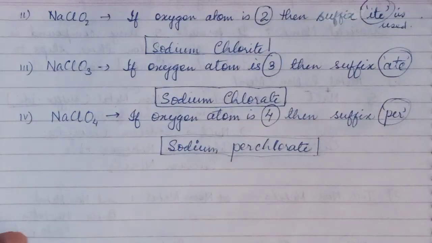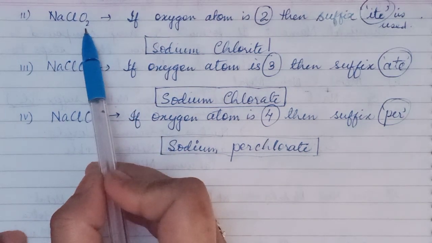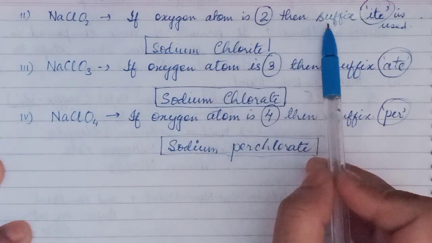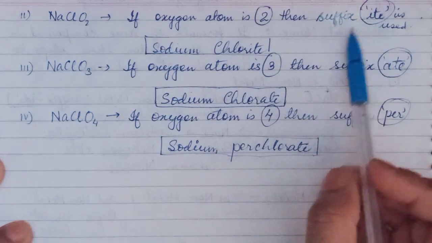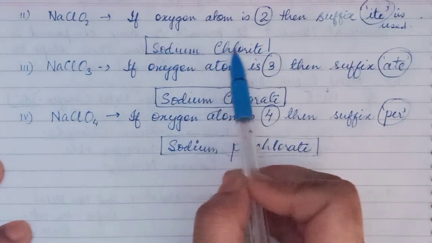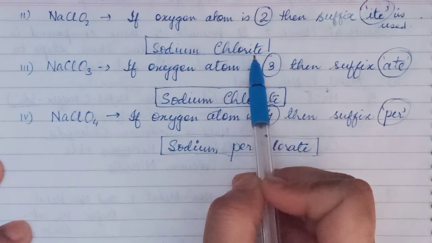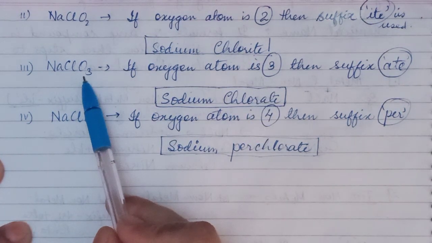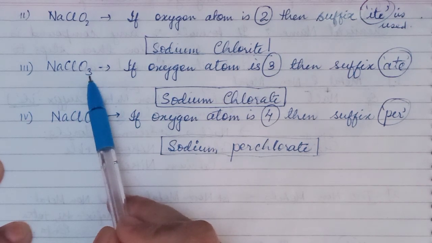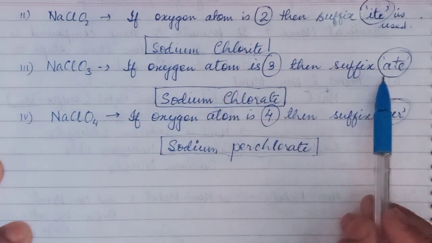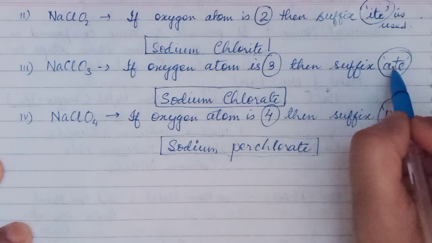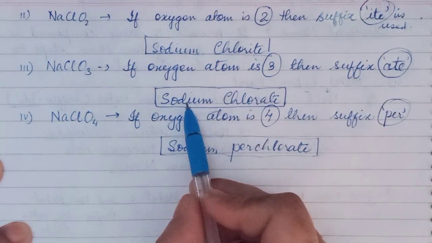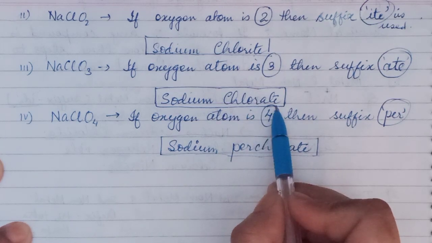Clear? Now children, see here, if the number of oxygen atoms is 2, then you will use the suffix ITE, so here it will be sodium chlorite. If the oxygen atoms are 3, then you will use the suffix ATE, so here it will be sodium chlorate.